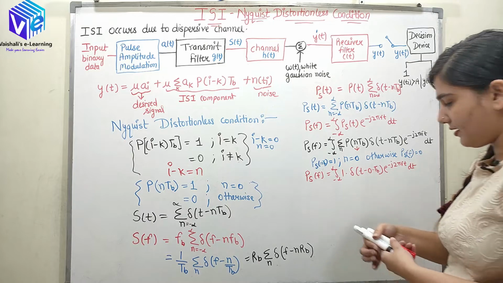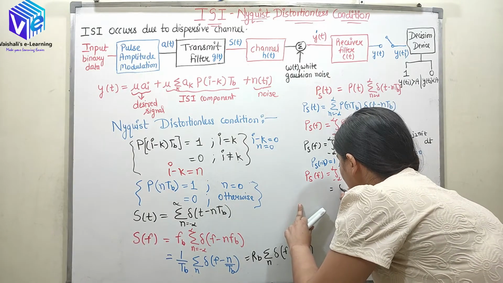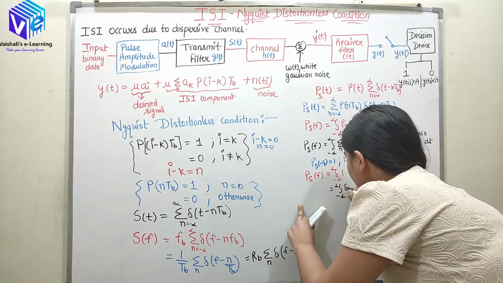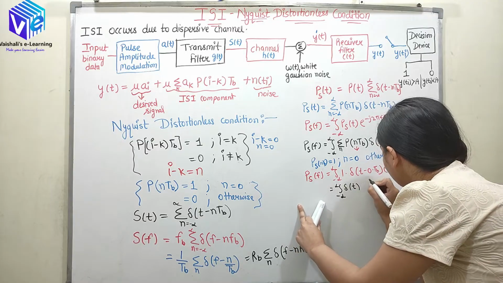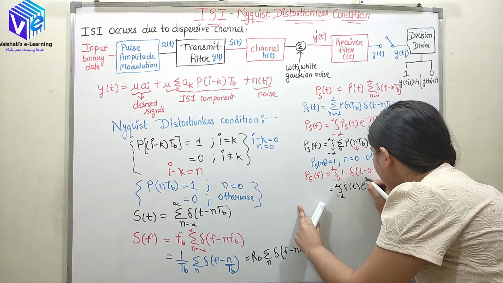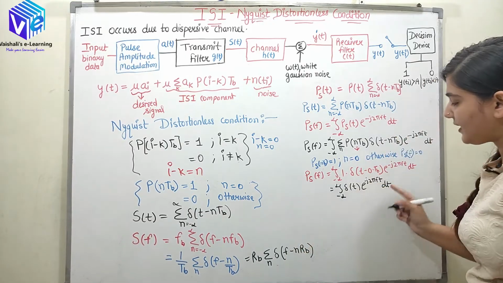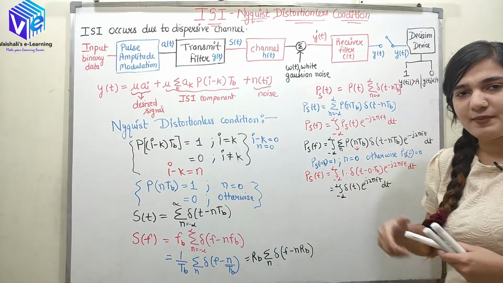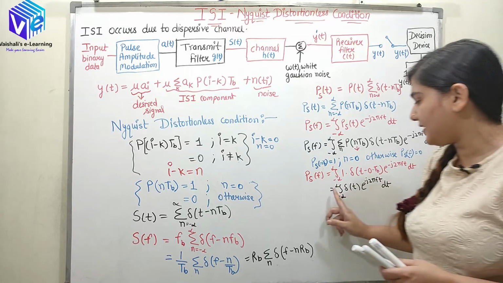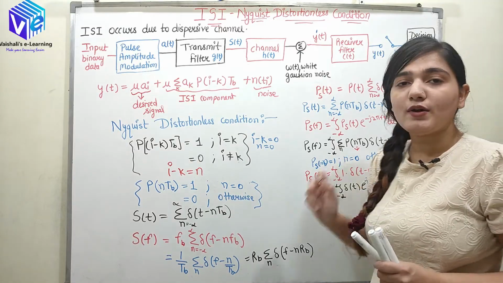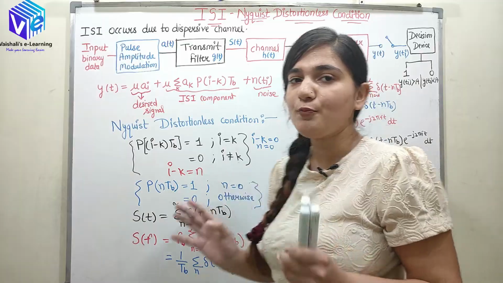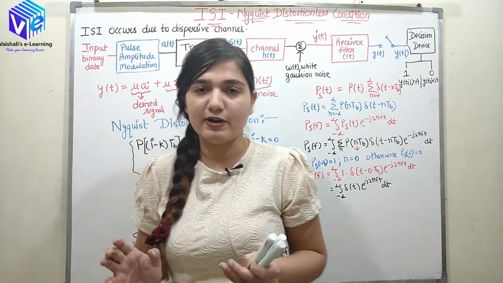So now it is equal to the integral from minus infinity to infinity of delta of t times e raised to power minus j 2 pi f t dt. When I multiply delta of t with e raised to power minus j 2 pi f t and integrate it over minus infinity to infinity, I hope you remember the property of the delta function.